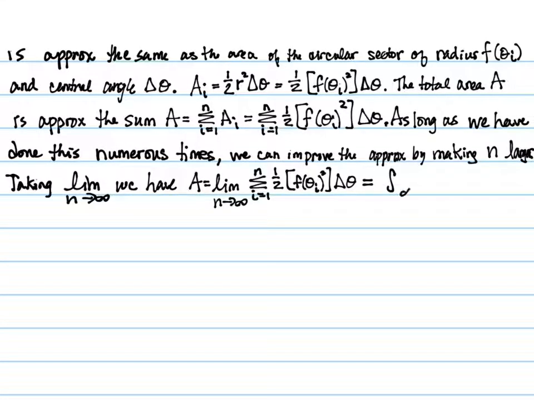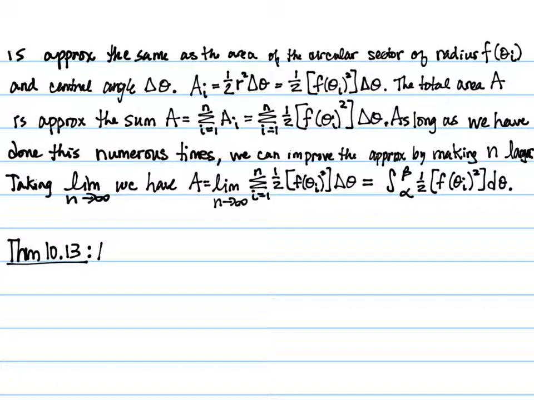This is equal to the integral from alpha to beta of 1/2 f of theta squared d theta. So all of that finally puts us at the development of this theorem. And what we just did was more or less the proof of this theorem as we were developing it. The area in polar coordinates.